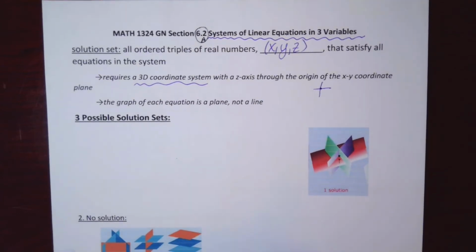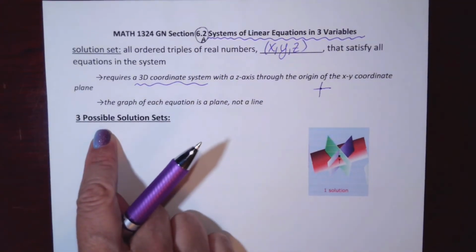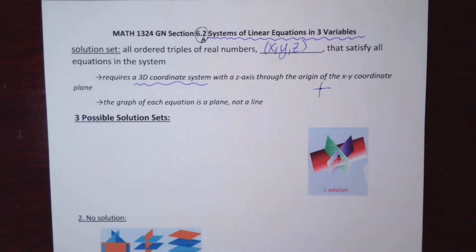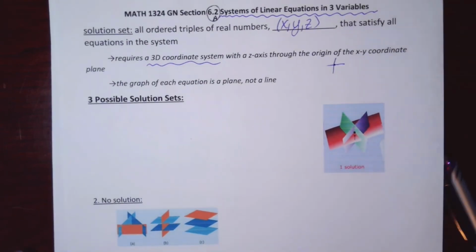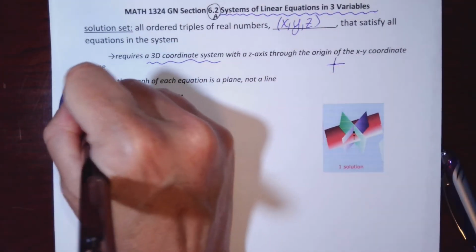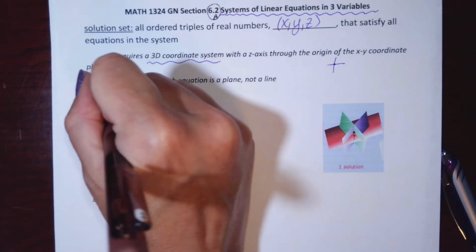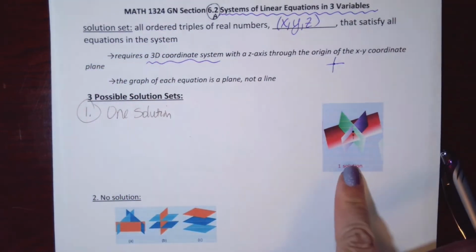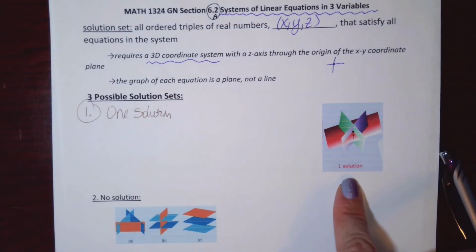Now, just like with our two-dimensional system of two variables, you have three possible ways things can go when you have your solution sets. The first one is that you have one solution. And this is an example of one solution.